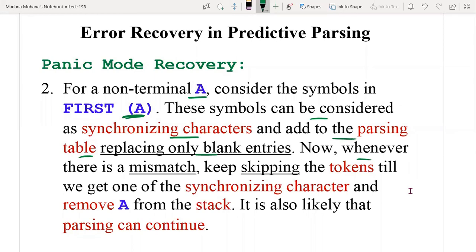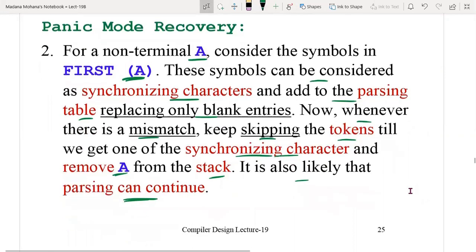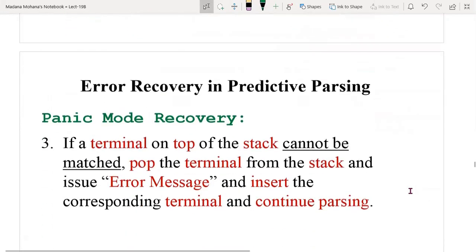Whenever there is a mismatch, keep skipping tokens until we get one of the synchronizing characters, and remove the variable A from the stack. It is also likely that parsing can continue. So, by finding the follow values and then the first values of that variable, the respective blank entries are replaced by synchronizing tokens.